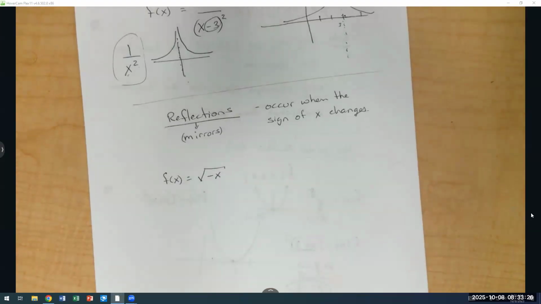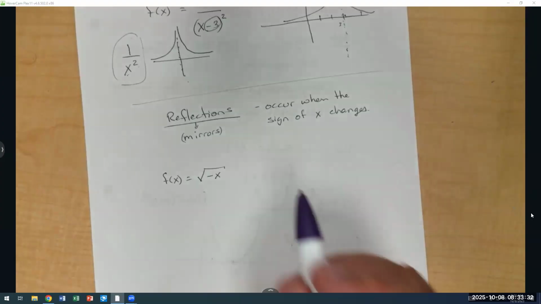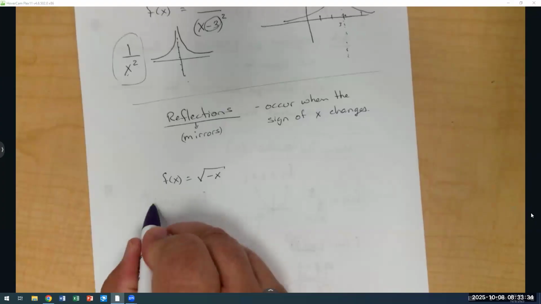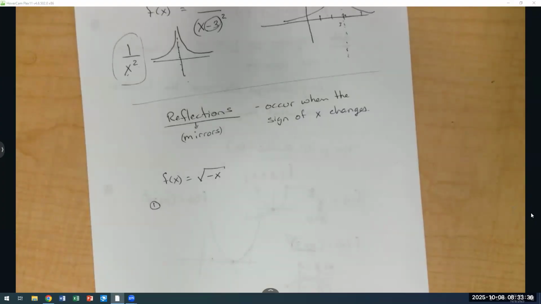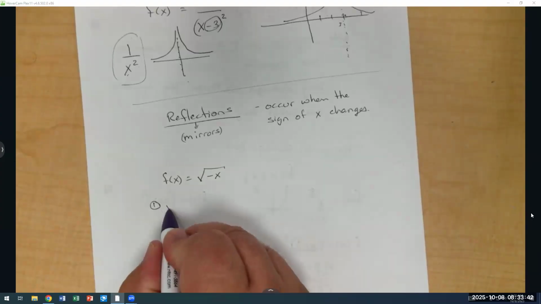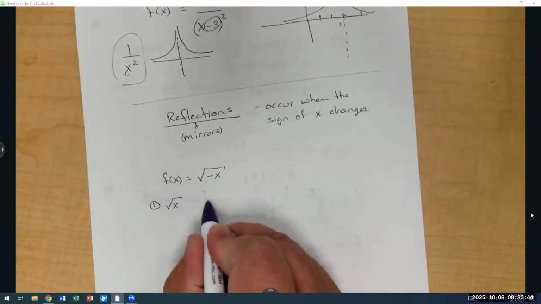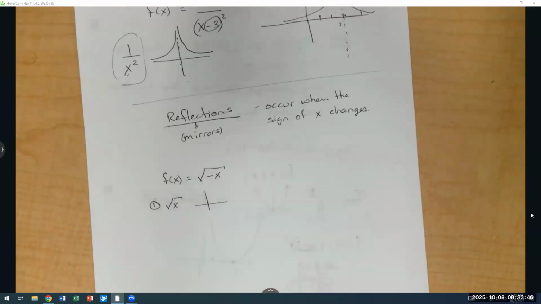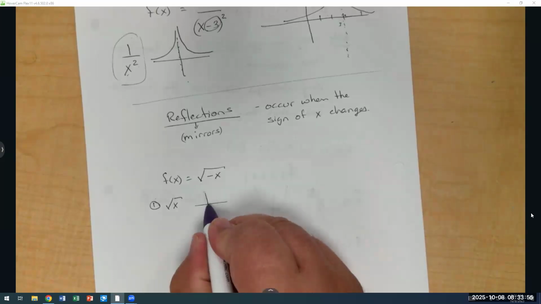Let's look at that. So first off, what's the original function from the library of function sheet? Very good. Square root of X. What does that graph look like? Yeah, that's because I just gave you that one, right?